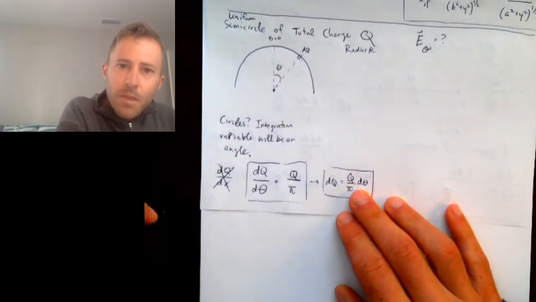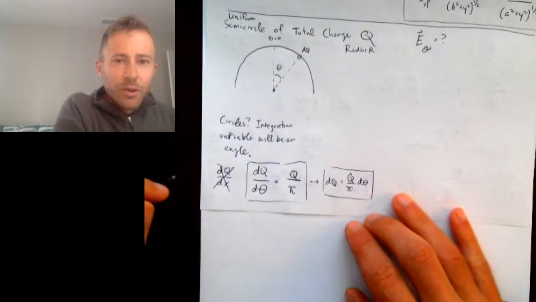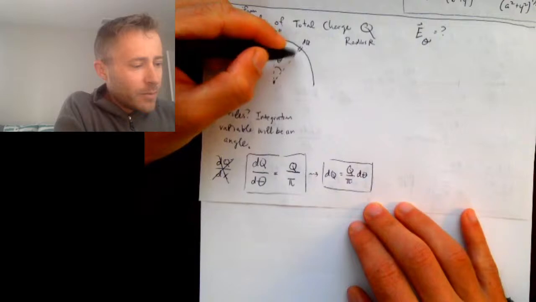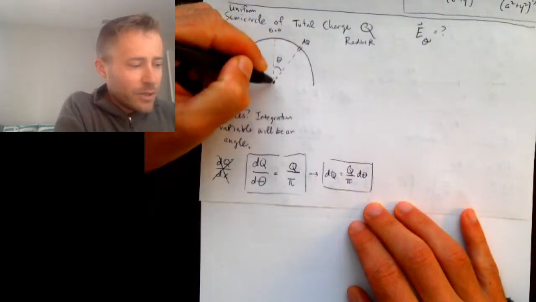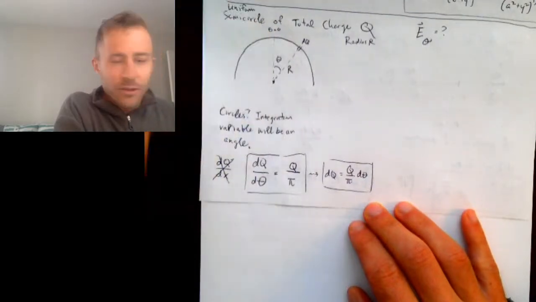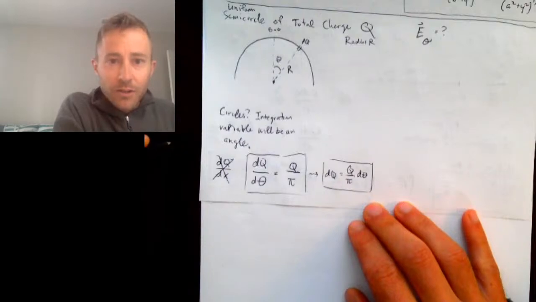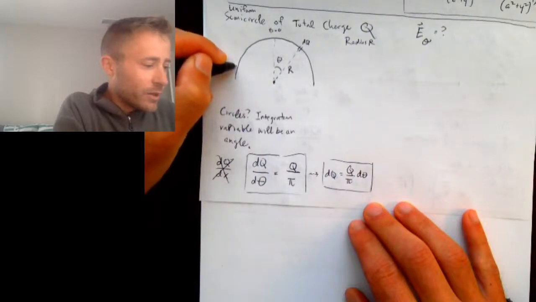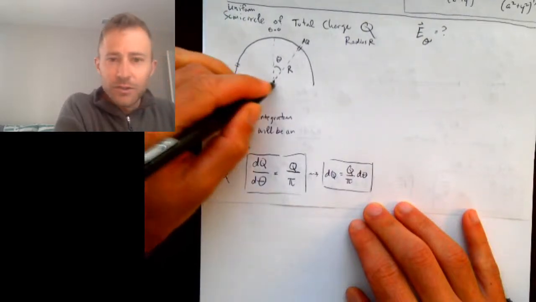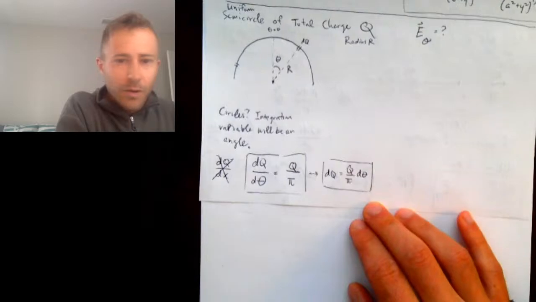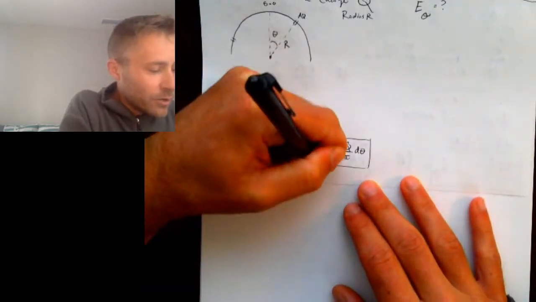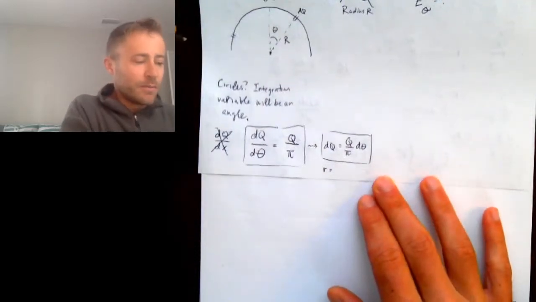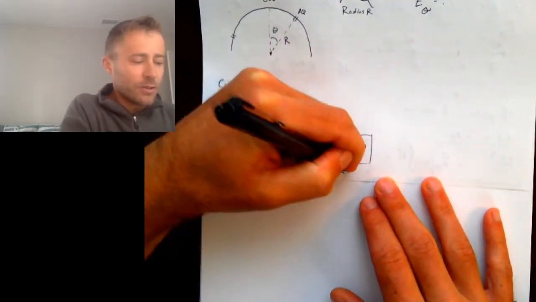One of the things I will notice is that this distance from dq to the origin is the radius of the circle. And that's a constant because it's a circle. It doesn't matter where you are in the circle. If you take another piece of charge right here, it's still a distance r, big R away. So my little r is going to be equal to big R, which is a constant.